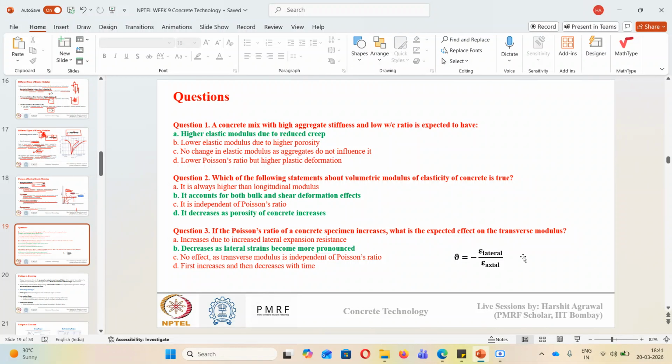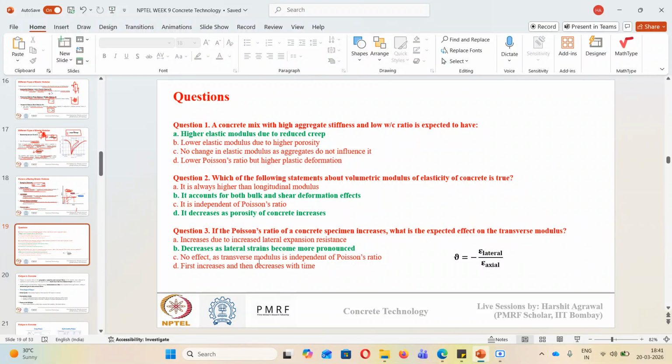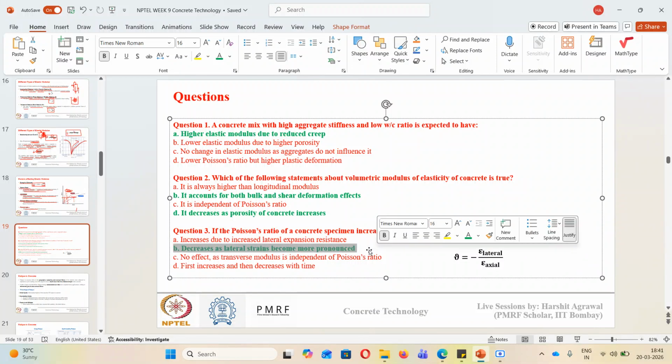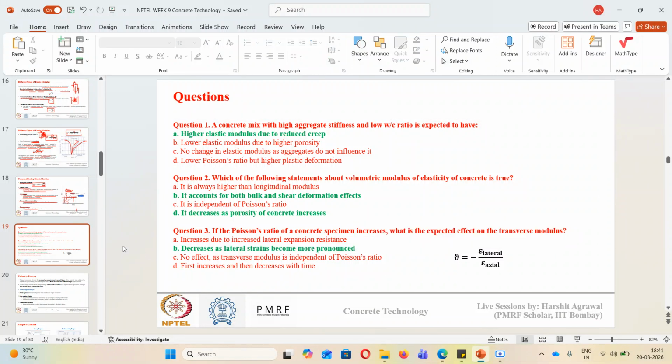So as lateral strain increases, the shear modulus will decrease, because modulus of elasticity is inversely proportional to strain. If this value increases, the elastic modulus decreases. So that's why option B is correct: it decreases as lateral strain becomes more pronounced.